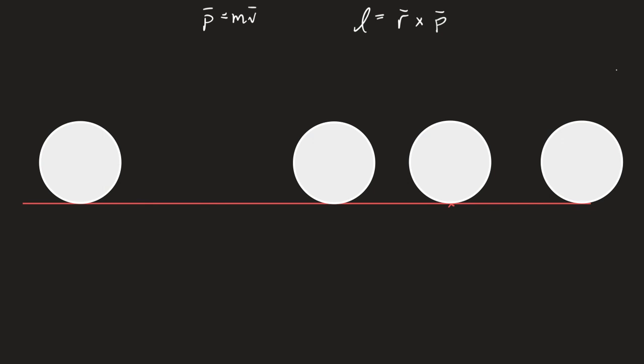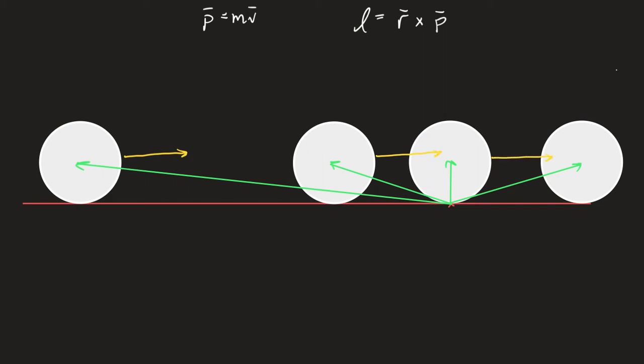What I mean by that is, in each case, there is a vector that points from this particular place to the center of the object. There's one object, and it just has a velocity as it's going sideways there.